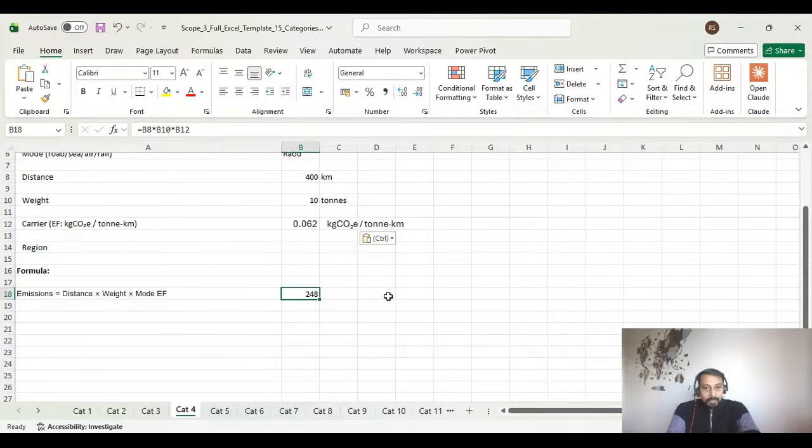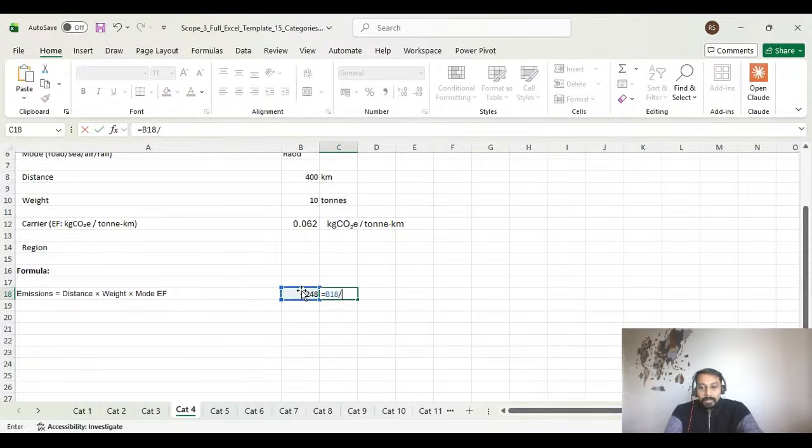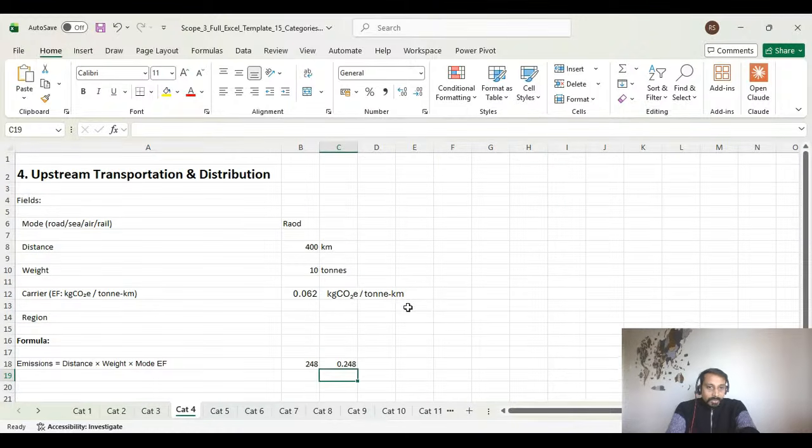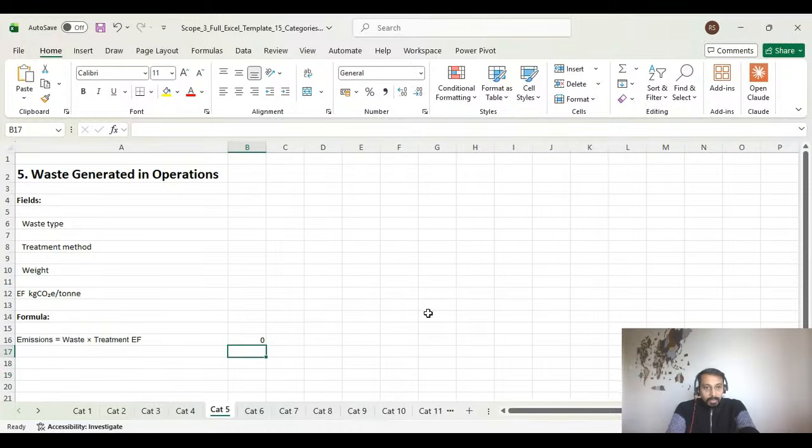So overall emissions will be 248 for the calculation, and for tons of CO2 equivalent you have to divide it by 1000. So it will be 0.248 tons of CO2 equivalent for the upstream transportation and distribution related data. So it's a very simple calculation for a few of the categories, and it depends on how you are calculating. For category 5, waste generated in operations, that is landfill mixed waste.